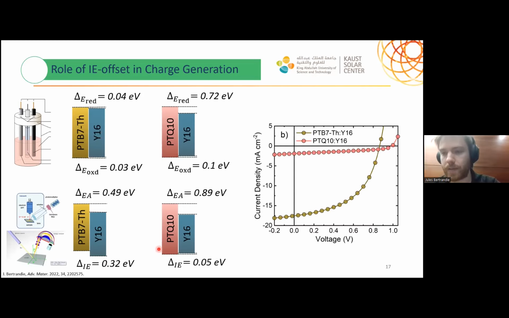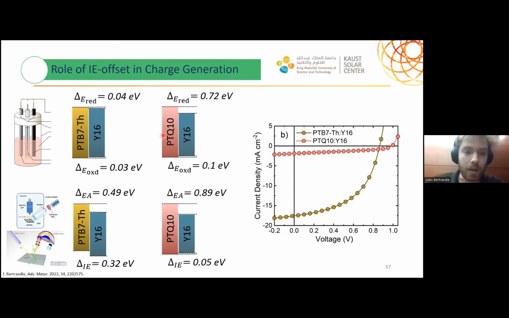So let's look at the IV curve. When we look at the IV curve of our devices, we see that there is a difference between those two blends. One has some trouble with the charge generation compared to the other one. The PTQ10 has some trouble with charge generation, where we have a better charge generation in the case of the PTB7TH.